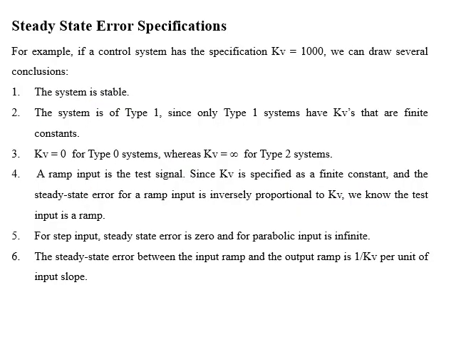Dear students, let us explore what information we can extract from a static error constant. For example, if a control system has a specification of a velocity constant equals 1000, we can draw several conclusions from this.